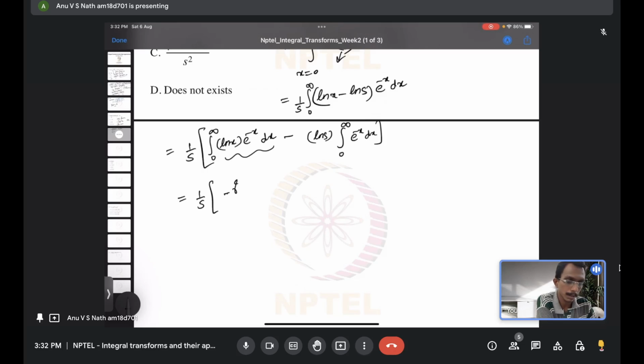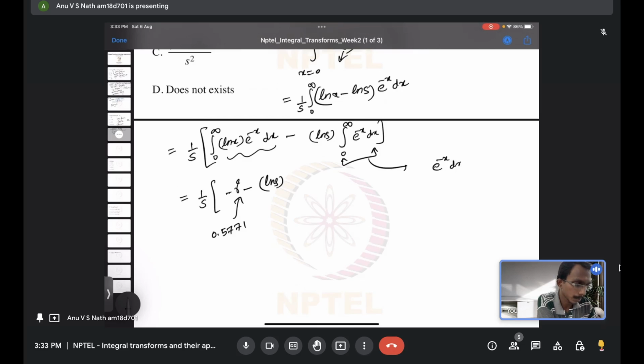Its value is minus gamma, where gamma is the Euler-Mascheroni constant, around 0.5771, I think. So the integral will converge to minus gamma, minus the second one, which is e raised to minus x, which we can easily perform separately.